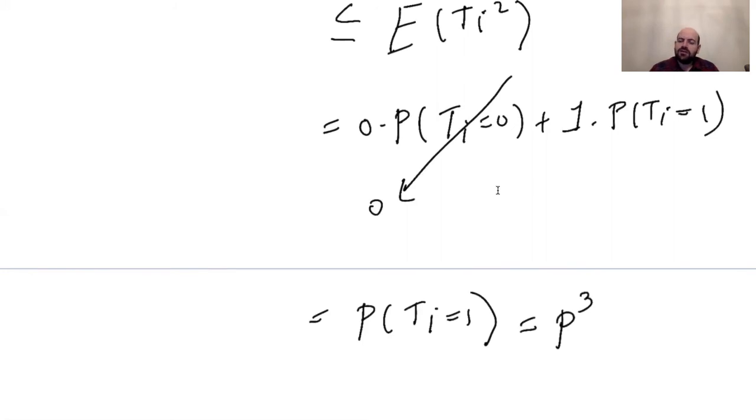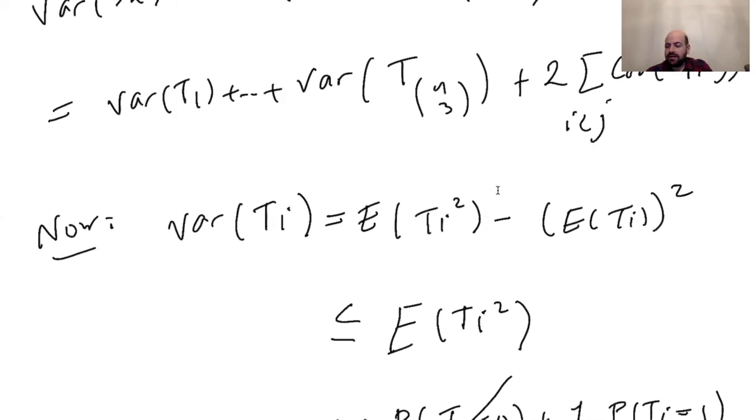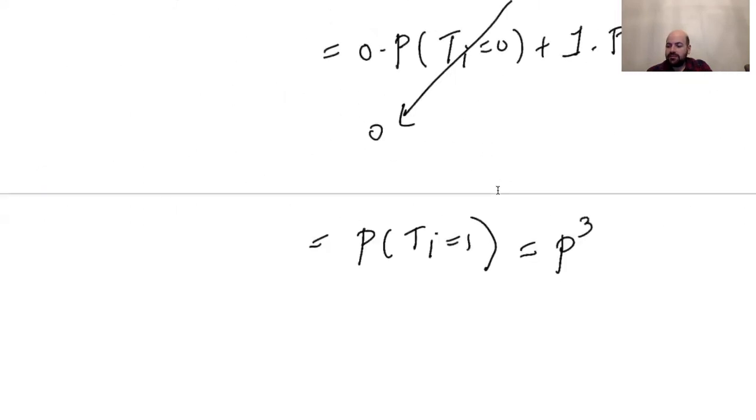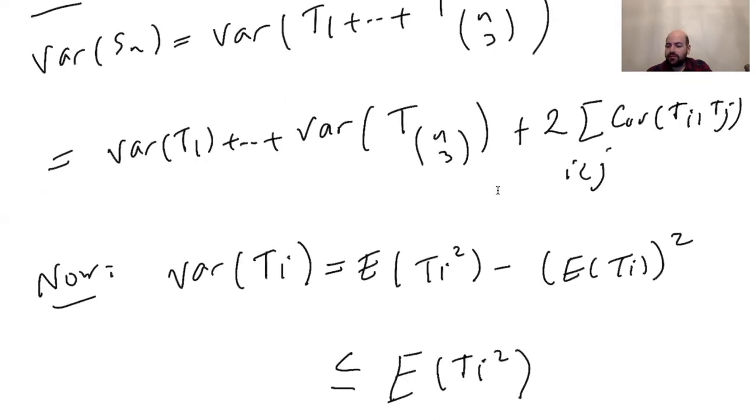No matter whether I'm talking about T1 or T2 or T sub n choose 3, the probability that Ti is 1 means the probability I have a triangle with three particular vertices, and that's P times P times P, which is P cubed. So we showed that variance Ti is less than or equal to P cubed. So I found an upper bound for each of the terms in the first group.